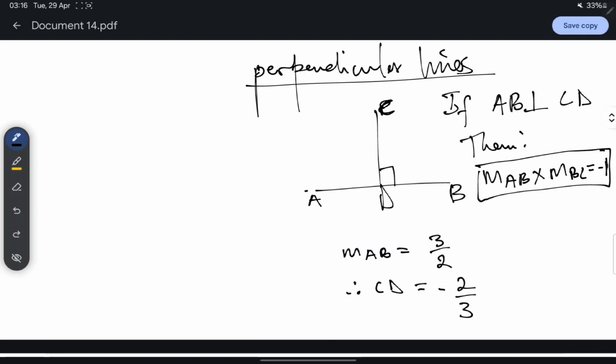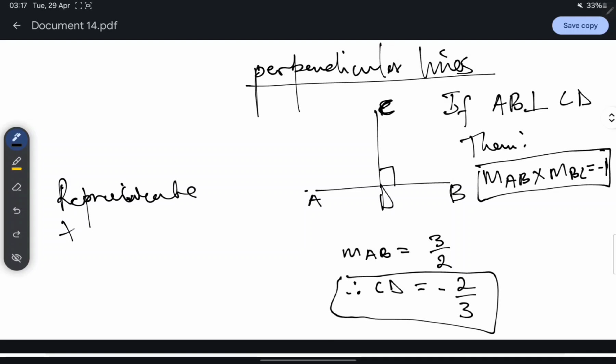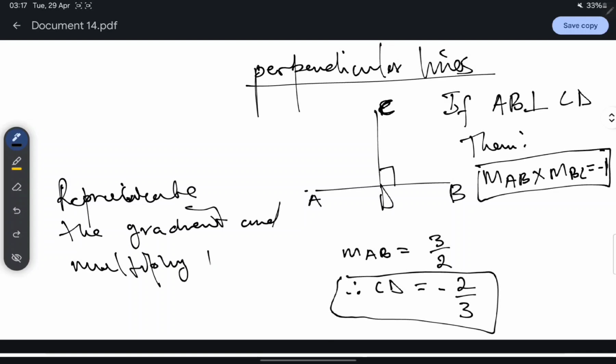You can write that statement down so that it will save you from calculations that will cost you marks. So you have to say you reciprocate the gradient and multiply by -1.